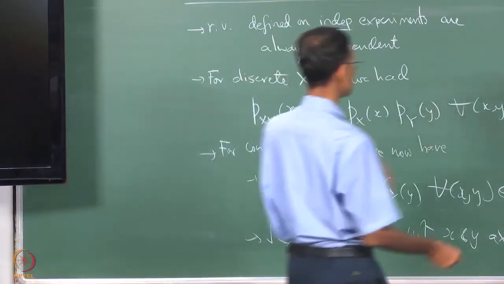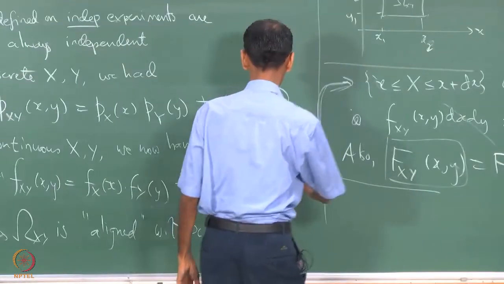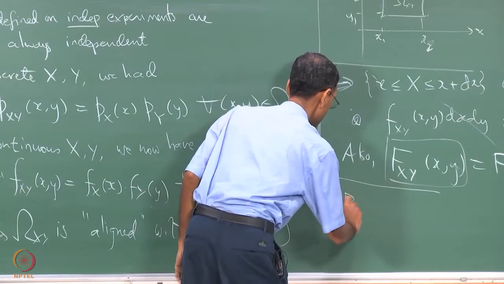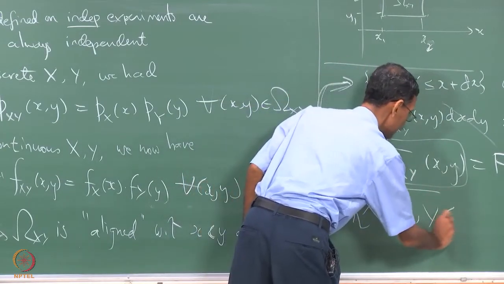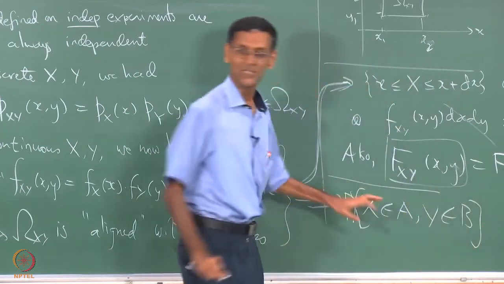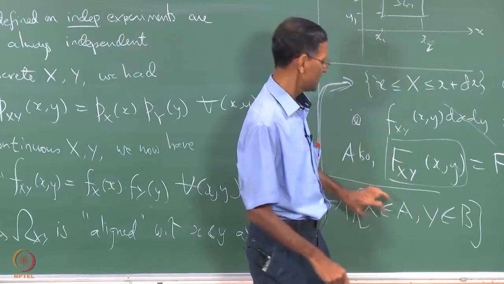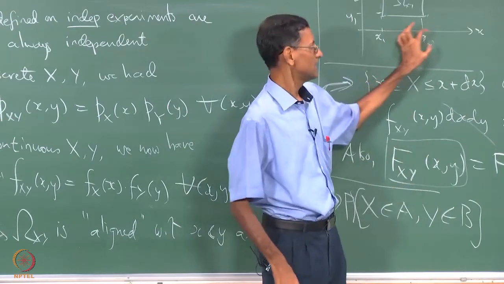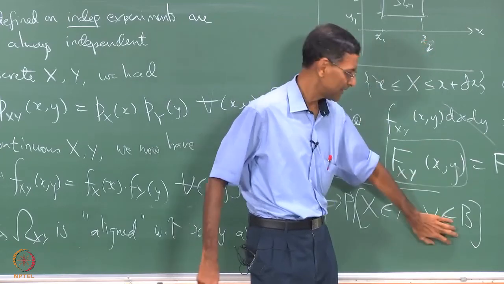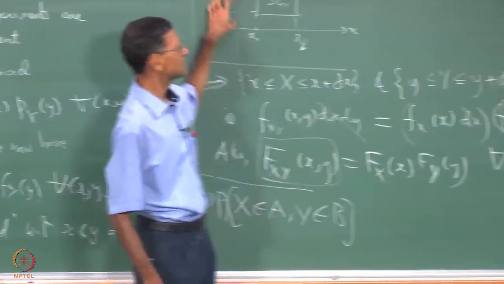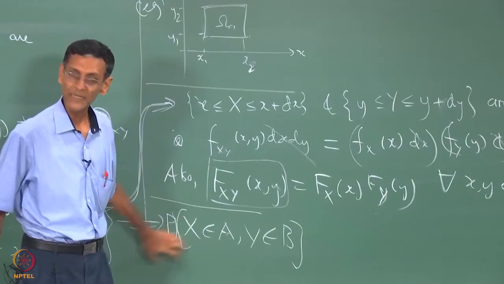So basically the bottom line is very simple. For independent x and y, you have this: the joint probability that x takes values in some set A, where x element of A is just like an interval on the x axis without regard to y, and y takes some values in set B, which is some interval on the y axis without any reference to x.